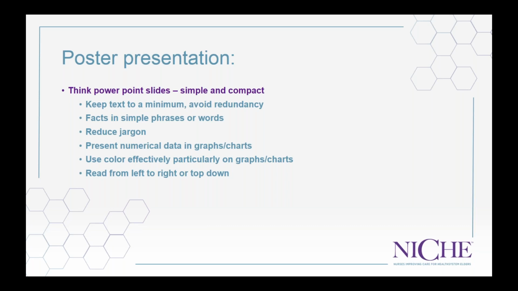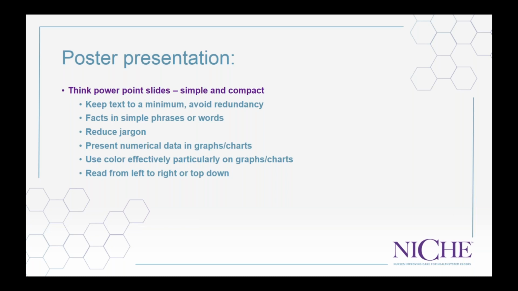You want to present your numerical data in charts and graphs. You want to use color effectively for those charts and graphs. Bold colors, and you want to use colors that assist the individual to see the differences in what you've achieved.